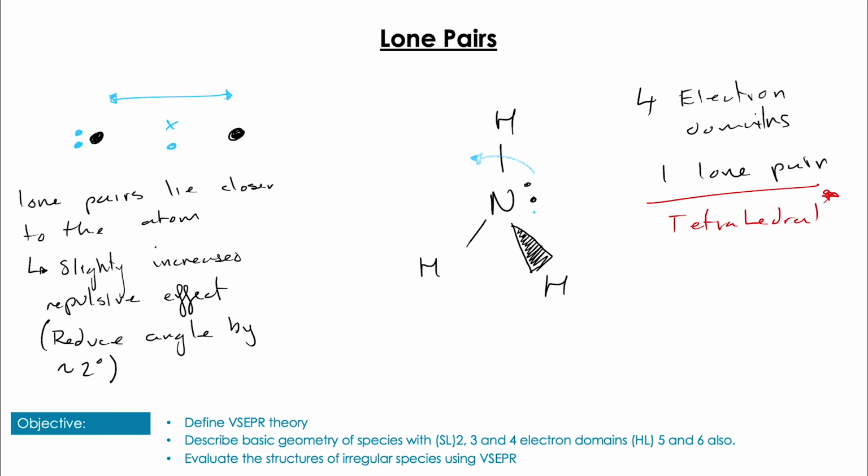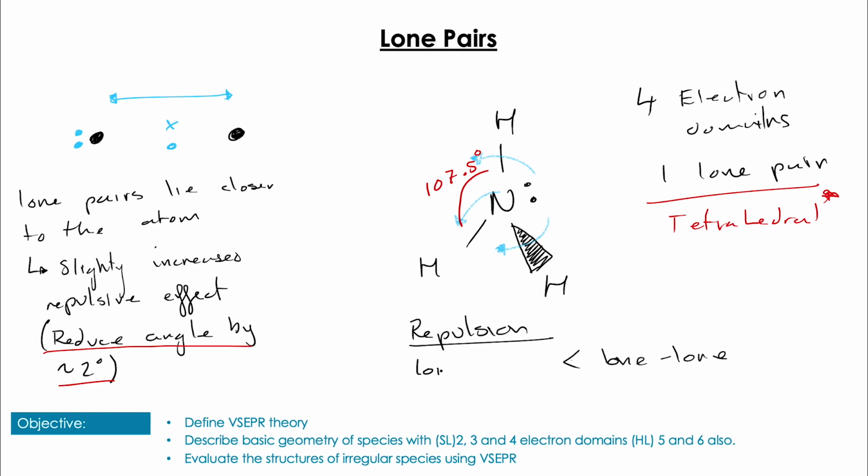And that lone pair causes a slight extra repulsion on the other 3 bonds, slightly reducing the angle from what we'd expect at 109.5 to 107.5. And so we can kind of order the levels of repulsion, with a lone pair to lone pair repulsion being the most, then lone pair to a bonding pair, and the repulsion between bonding pairs being the lowest.